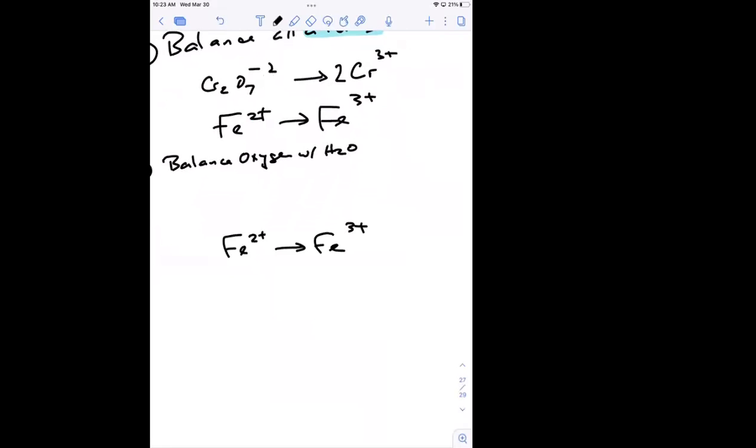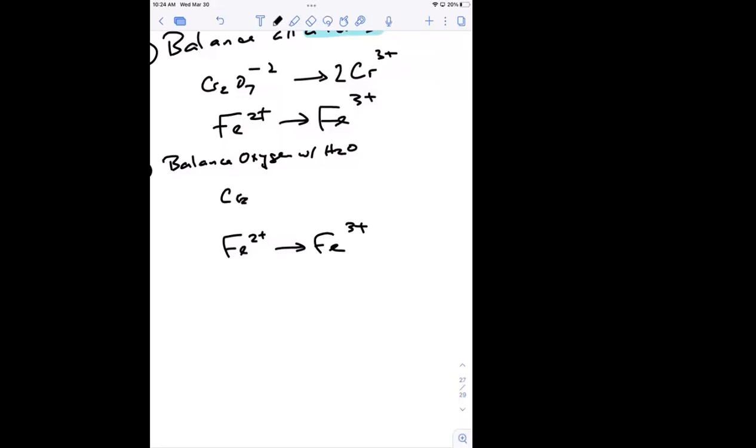That top reaction, how many oxygens are in the reactants on the left side? 7. How many waters do we need on the other side? Because remember, balancing, you're trying to get the same number of atoms on both sides. So you don't put the water on the same side where the dichromate is. You want to put it on the other side so that there's 7 oxygens over there. So how many waters would I add?